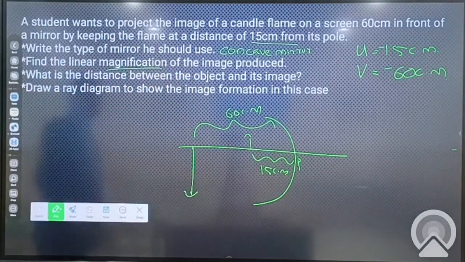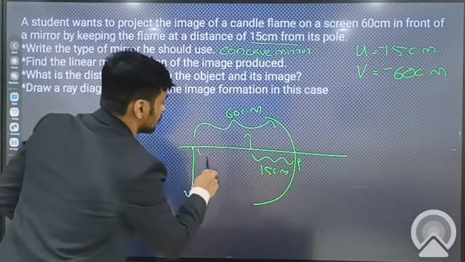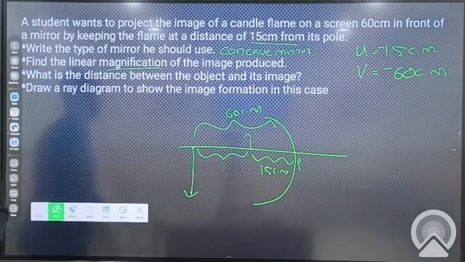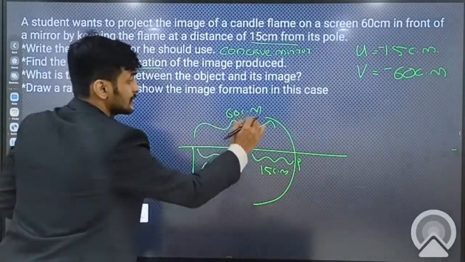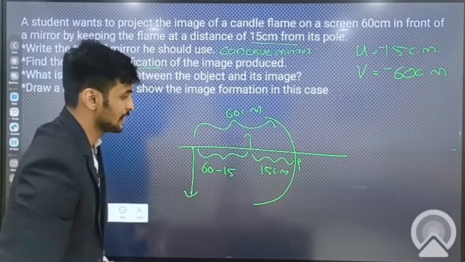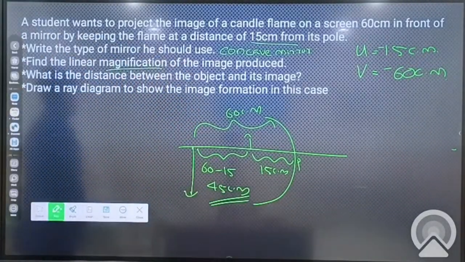We want to find the distance between object and image. It will be 60 minus 15, because the total length is 60 and the small length is 15, so it will be 45 centimeter. Clear?